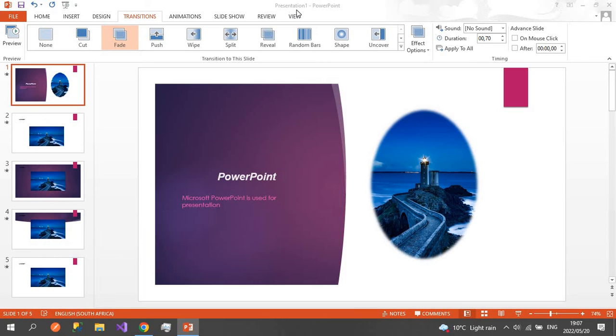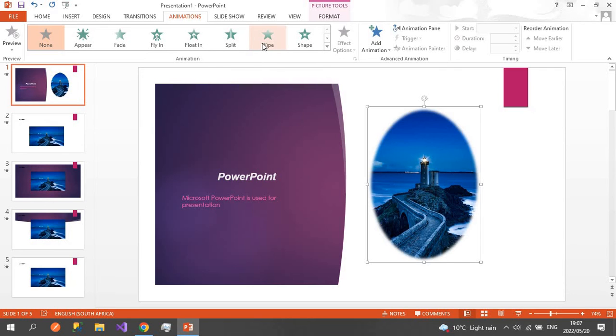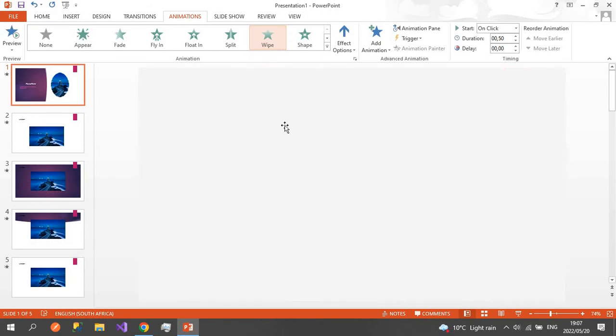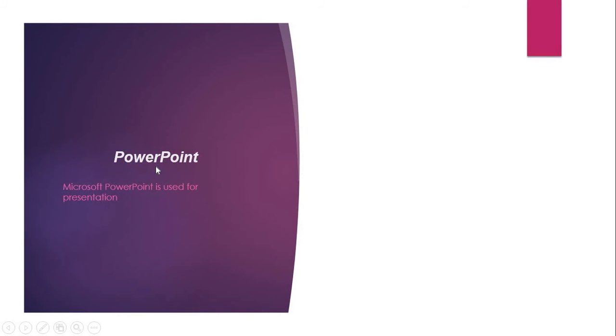Let's go to the last one, close, go back, and then we have the animations. The animations are for your content. You can also animate your content, right? Let's just go to our first slide. We go to our image, and we say we want our picture to wipe, or maybe shape like this, and then as we present, okay, I think we missed something there.